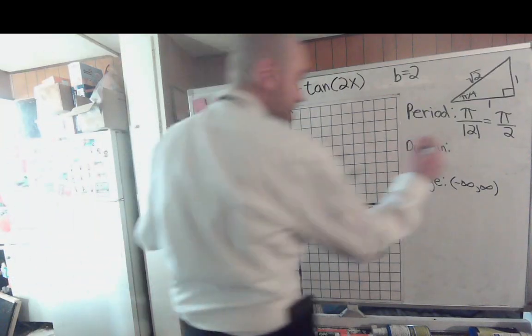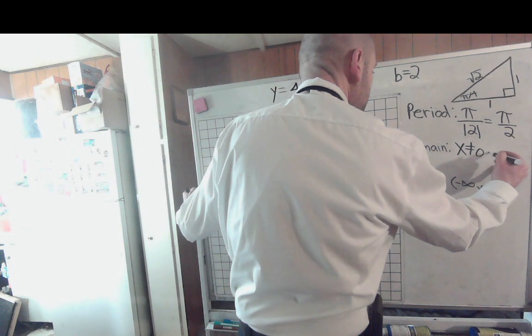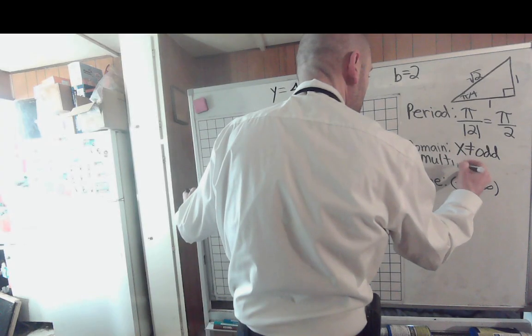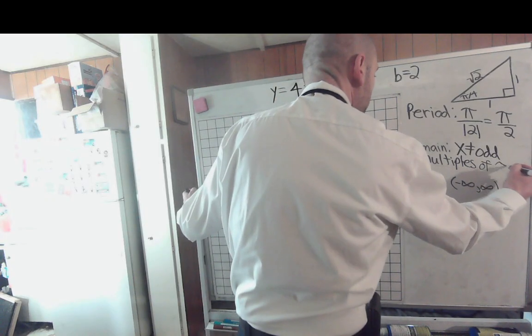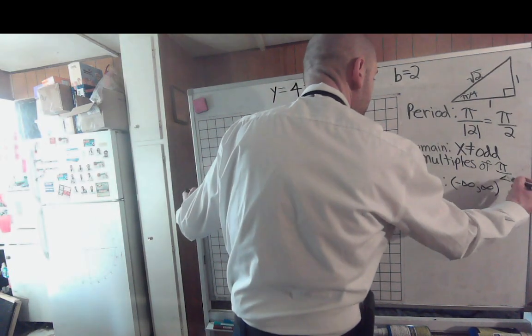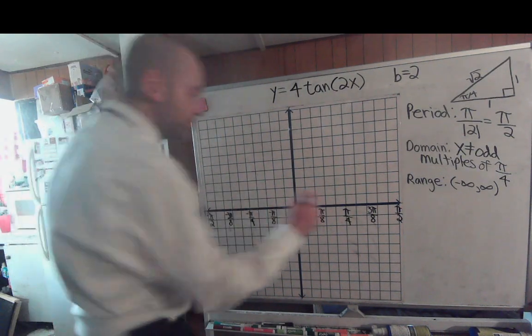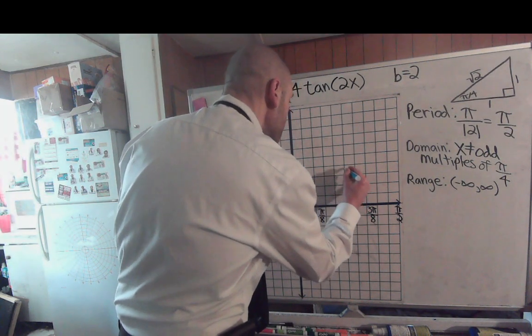So your domain in this case is x not equal to odd multiples of pi over 4 for this particular one. So at pi over 4 and negative pi over 4, we're going to have asymptotes.